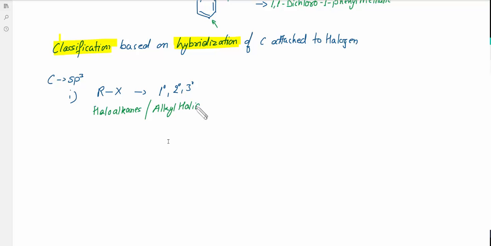So these alkyl halides will be those compounds which are derivatives of alkane. So all the carbons are obviously sp3 hybridized. This we have already discussed, so leave it here. Even, say for example, this compound, if you see, this halogen is directly connected to a carbon, and that carbon is actually an sp3 hybrid carbon.